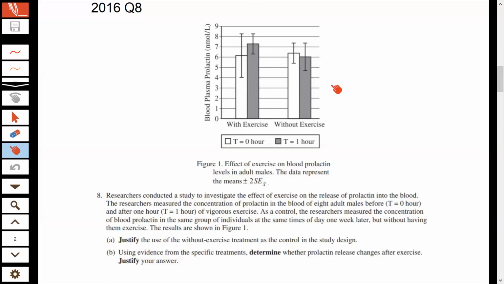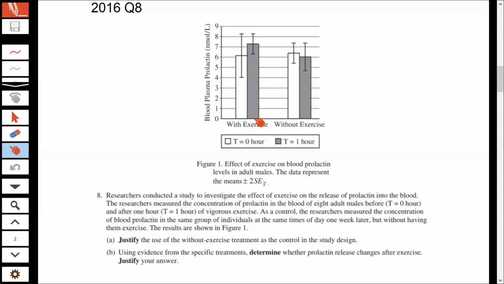So the answer that they want is, we're looking at after exercise. All of this data is statistically the same. The error bars, the plus or minus 2 SE bars, are all overlapping. So there's actually no change. It doesn't do anything. So we can determine that prolactin release does not change after exercise, because the data that we're getting is statistically the same.